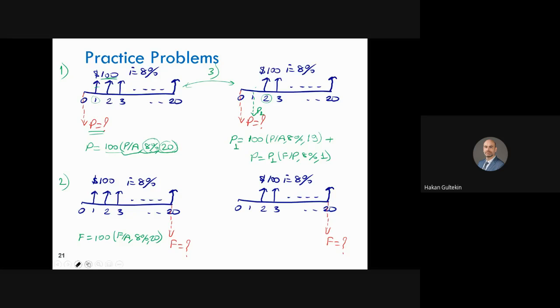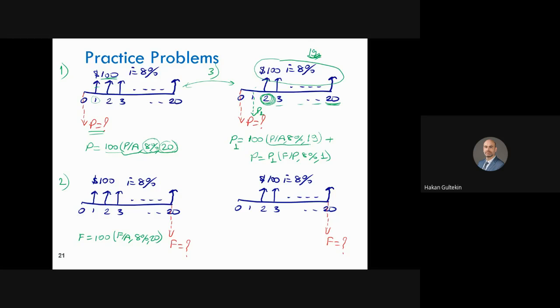Okay, so the idea, again, for this uniform payment series is this. We find the present value of these equal payment series, and since it starts at the end of year 2, in total there are 19 payments here, not 20. There are 19 payments. So the time is not important. The important thing is how many payments do I have?